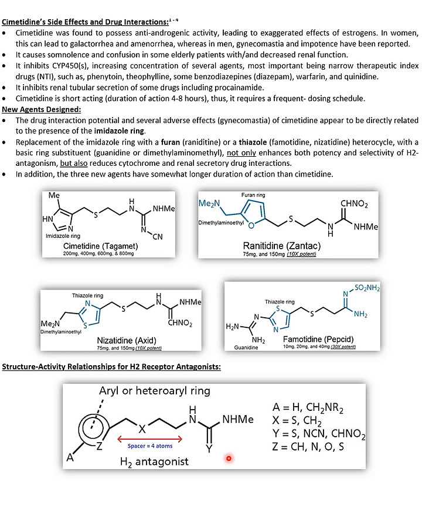And the Z, which is part of the heteroatomic ring, could be a carbon, nitrogen, oxygen, or sulfur. So if you think about all these examples, they all match this structure-activity relationship for the H2 receptor antagonists.